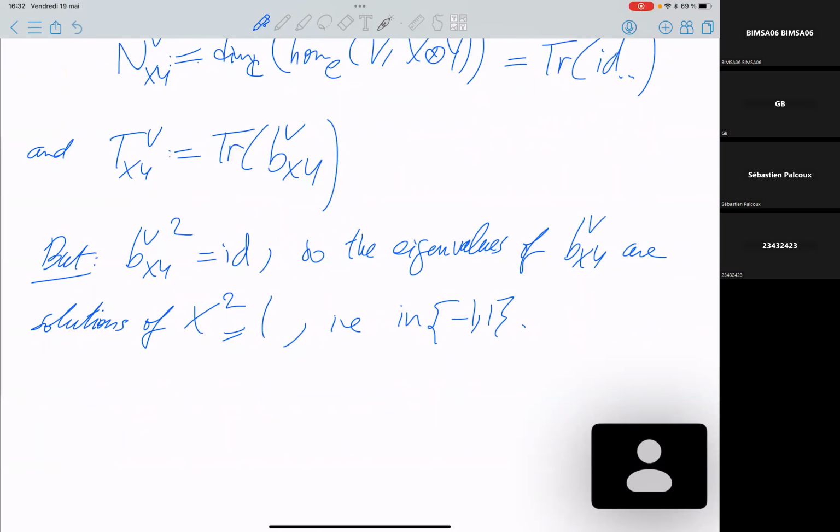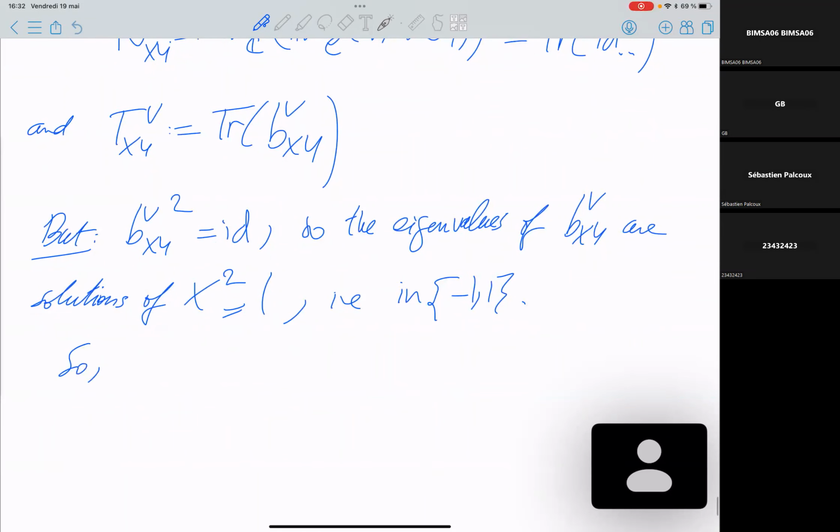The eigenvalues. So its trace T_{XYV} is the sum of eigenvalues.